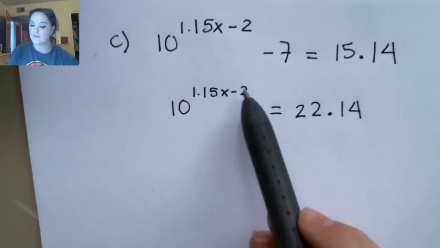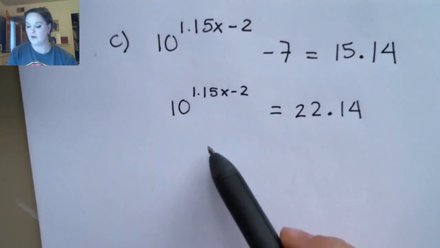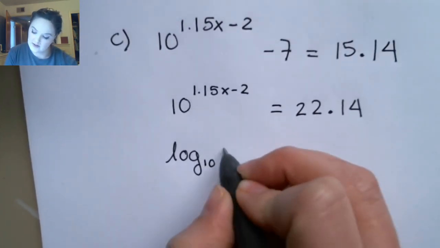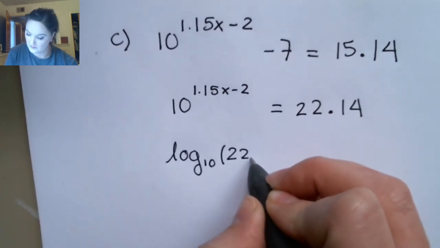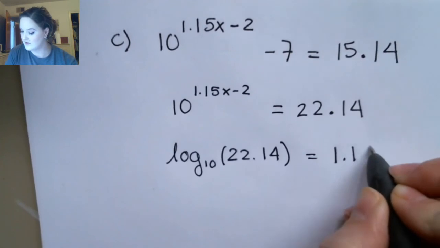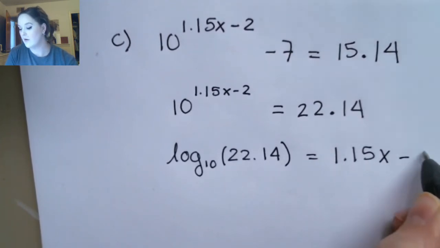Now I have my exponential isolated, so I'm going to change to log form. It's going to be log base 10 of 22.14, and then the exponent is the answer.